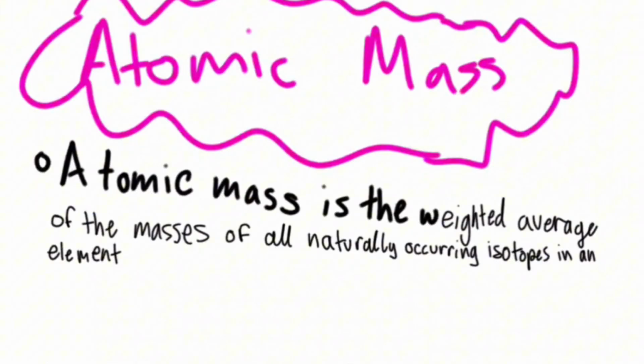Atomic mass. Atomic mass is the weighted average of masses of all naturally occurring isotopes in an element. So basically, if I had isotopes of carbon-12, which had 92.5%, and carbon-13, which had the rest of the percentage. I can't do math on the spot, yes, I know. But you would take those averages.